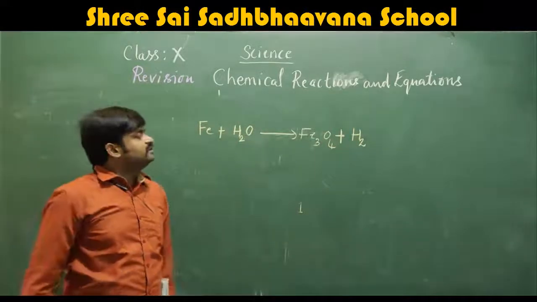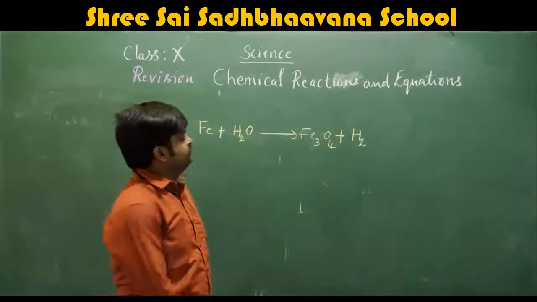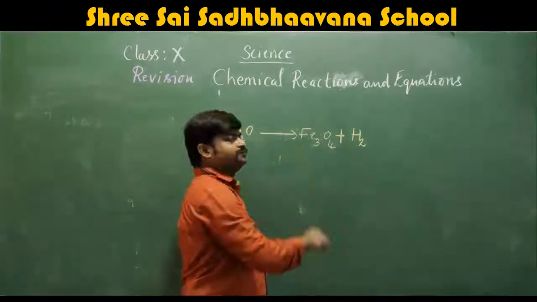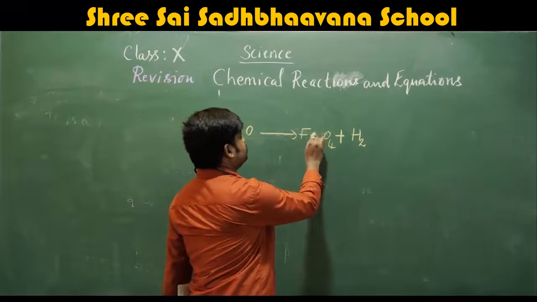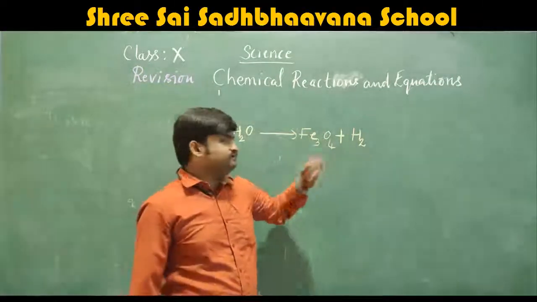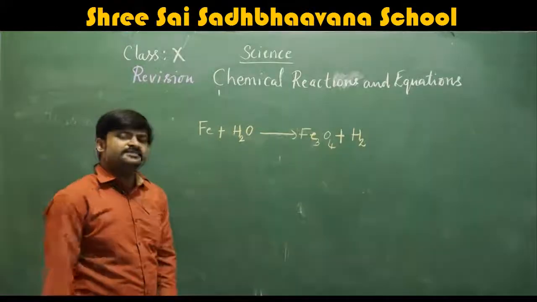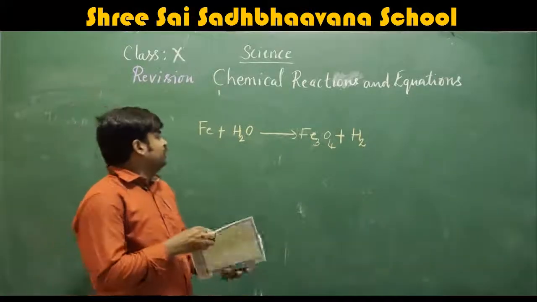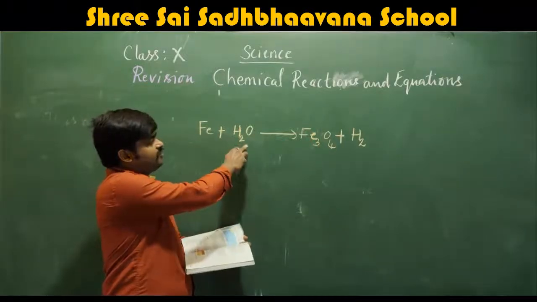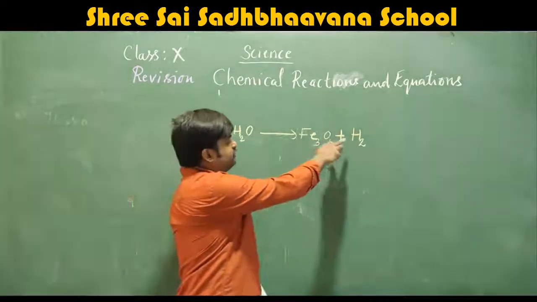Iron combines with water gives Fe3O4 plus H2. Ferric oxide, and H2 is hydrogen. Dear children, we have to observe in this equation, iron is there, here water is there, ferric oxide and hydrogen.